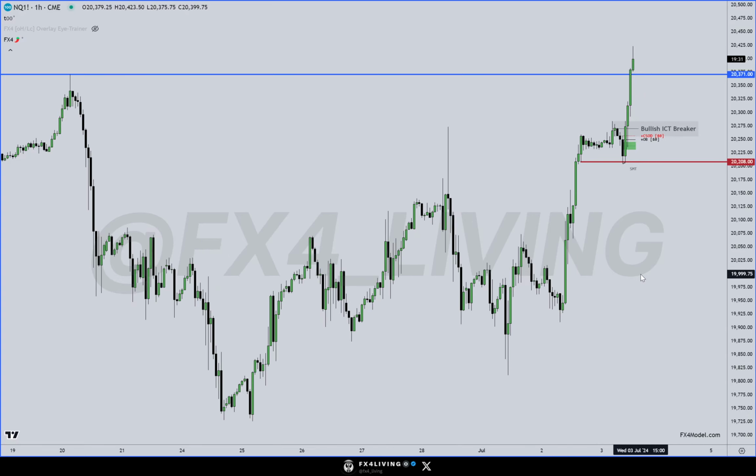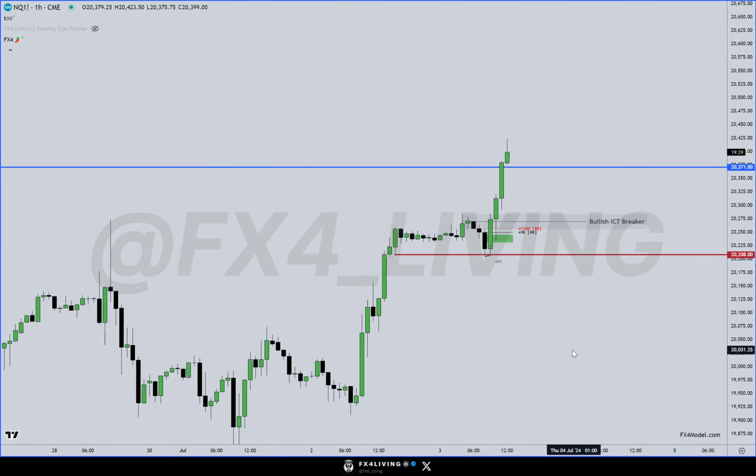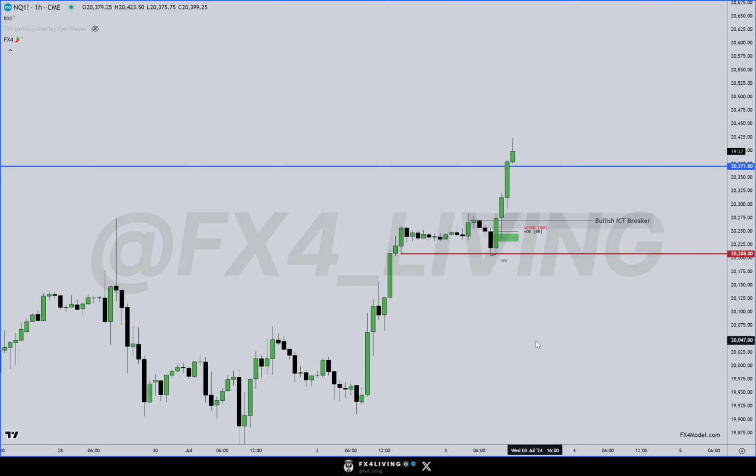So it was very, very cool to see. And the real truth is when you get those big days, everybody wants to short because it looks bearish, it looks expensive. But in reality, if everybody wants to short, the algo is just going to push through the stop losses.